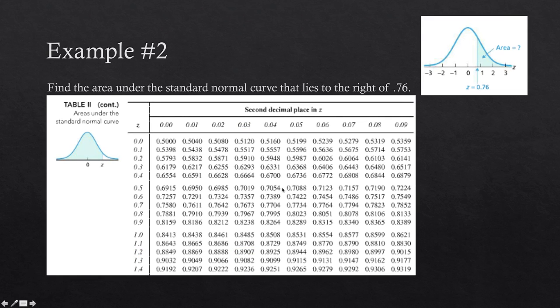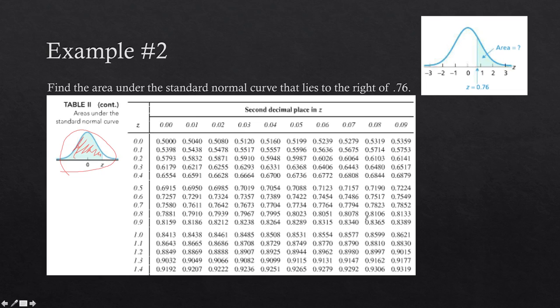Let's look at example 2. Find the area under the normal curve. Now look at what this says: to the right of 0.76. That's very interesting, because I told you in the beginning, look at this drawing here. These drawings will help remind you of this. This is all the area to the left of our z-score.